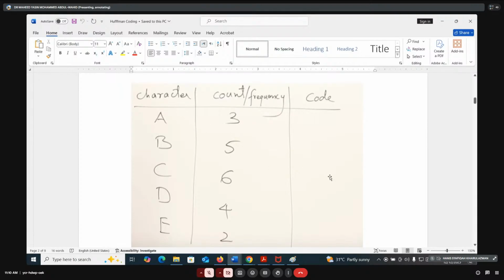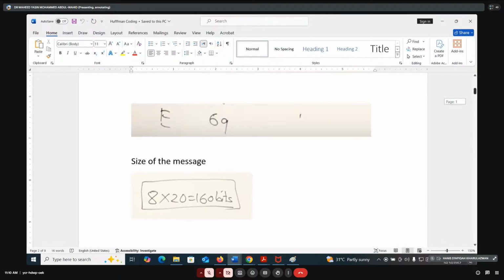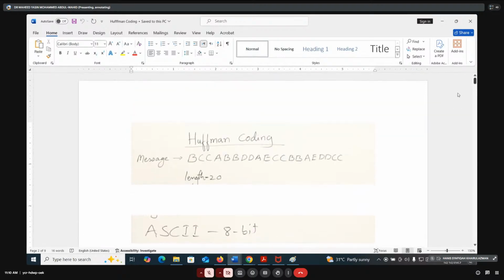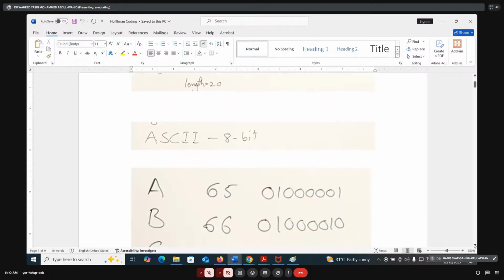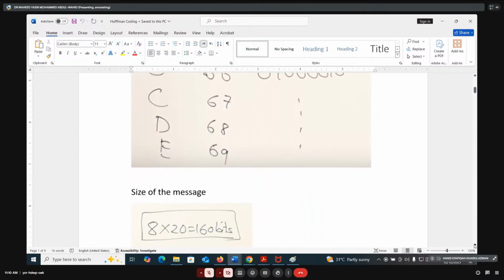How many times does character A appear here? A: 1, 2, 3. B: how many? 1, 2, 3, 4, 5. So I just make the frequency of the letters that appear here.